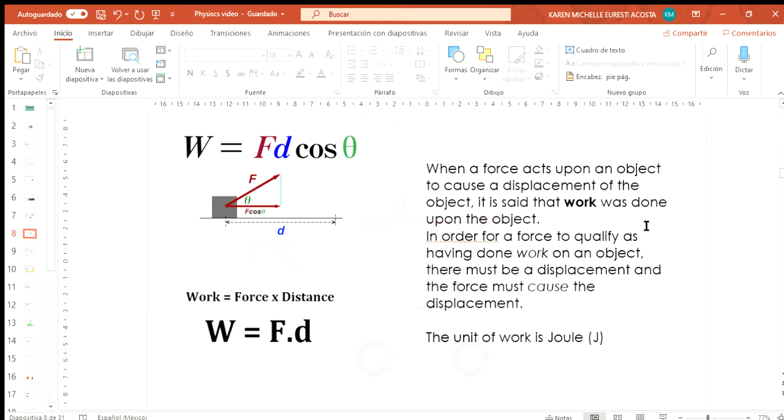In order for a force to qualify as having done work on an object, there must be a displacement, and the force must cause the displacement. The unit of work is joule, and it is represented with a J. And here we have the formula.